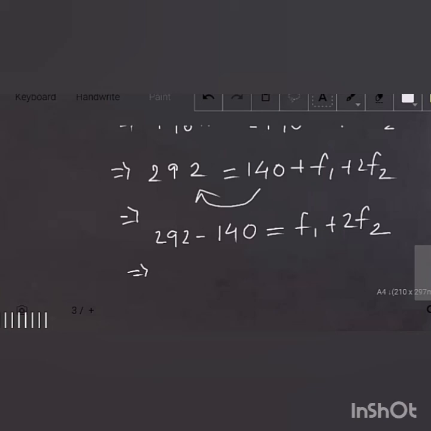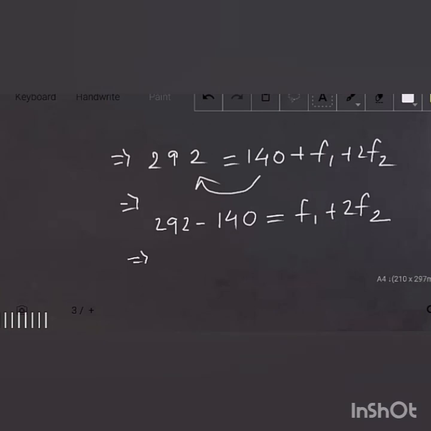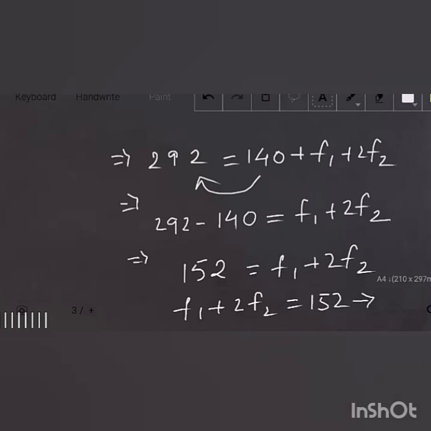After subtraction we get 152. So f1 plus 2f2 equals 152. This is equation 2.